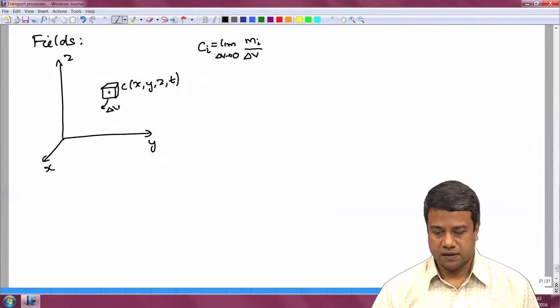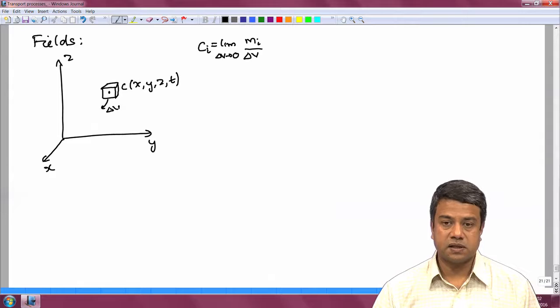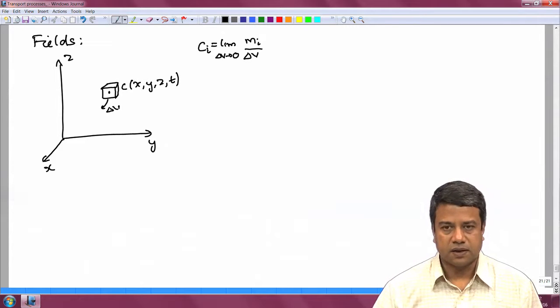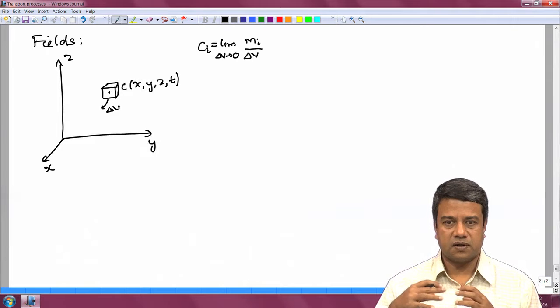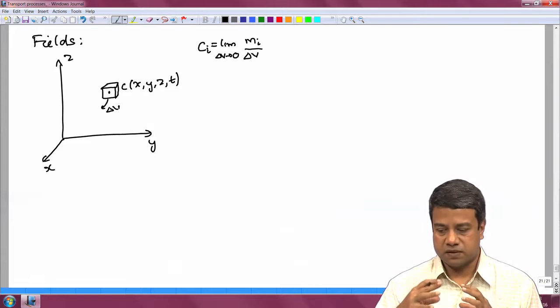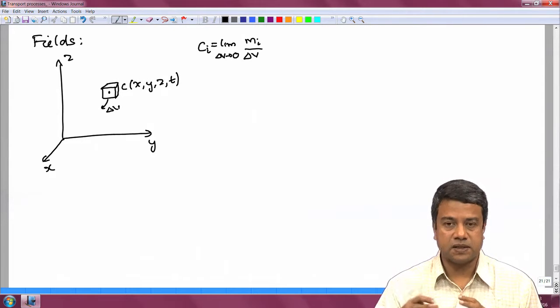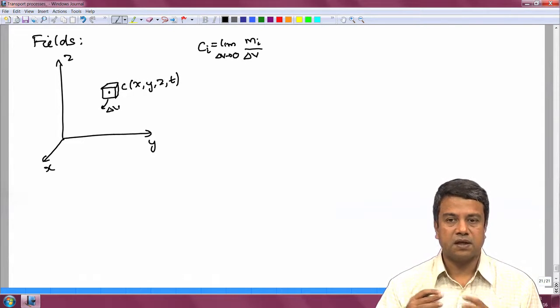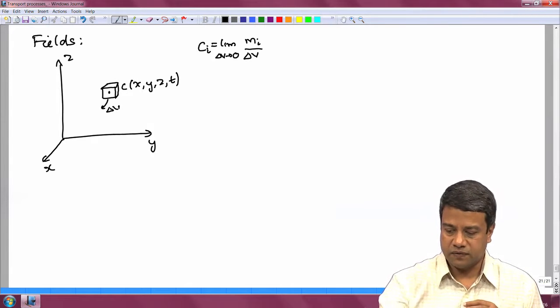So, the idea is that if I want to know the concentration at a particular location, I go to that location and consider a small differential volume about that location, and find out what is the total mass of all the molecules of species I within that volume. Divide that by the volume itself and I get a value for this concentration.